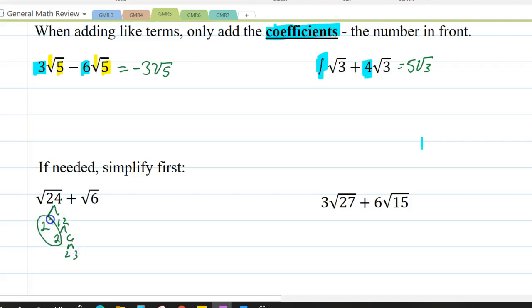I have a pair of 2's that can come out, so I'm going to rewrite this equation. 2 came out with the square root of 2 times 3, which is 6, left inside, plus the square root of 6. Well, what is the coefficient on the second number? The coefficient on the second number is that invisible 1. So now I have like terms, the square root of 6 and the square root of 6. 2 plus 1 is equal to 3 with the square root of 6.